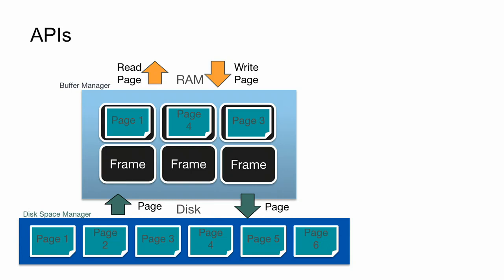Let's say the files and index management layer will issue a request to read a page or write a page. Let's say we want to fetch page 1. So you're going to tell the buffer manager, hey, give me page 1. Files and index management, that layer wants to work in memory.